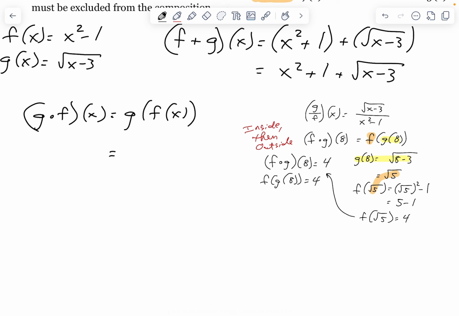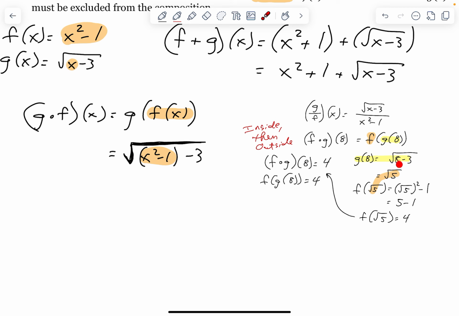So if I took this and I said g is radical x minus 3, that's my outside. And what I'm going to plug into that is my inside. X squared minus 1 minus 3. So I take my f function and I replace every x in the g function with the f function. So it's exactly what we did here.